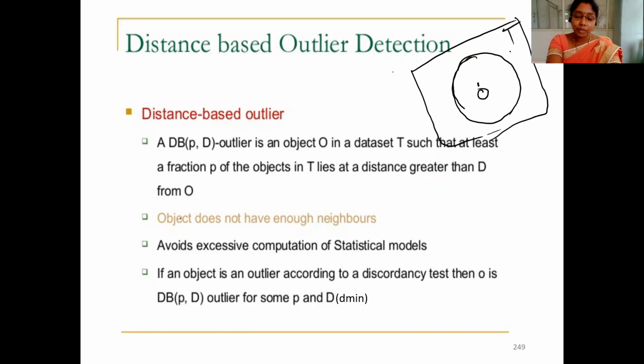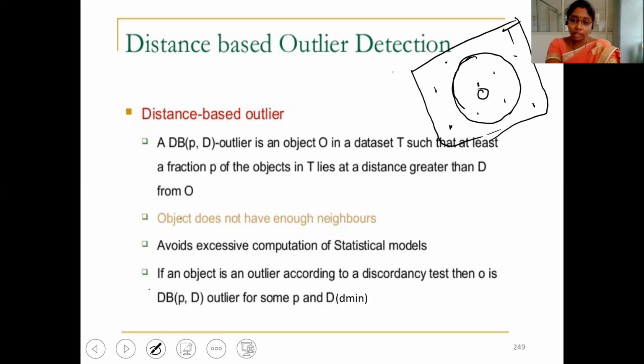We have certain elements here and there in dataset T. Some elements fall within the neighborhood of O, and some fall outside the neighborhood, but all belong to the dataset T. So O outlier eppudu avutundi ante, at least a fraction P of the objects in T lies at a distance greater than D from O.